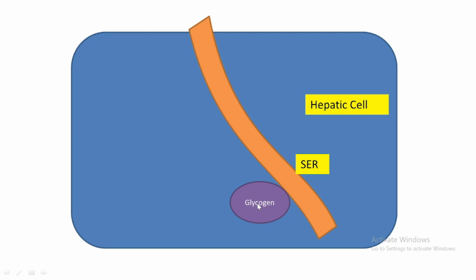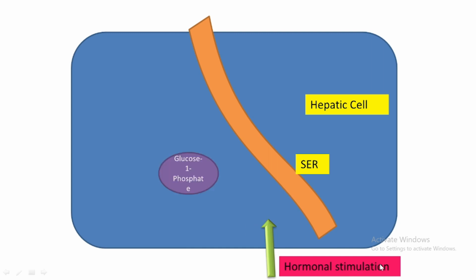When the body or that cell requires energy, the glucose needs to be released. That information is received in the form of hormonal stimulation. Upon receiving that stimulation, glycogen is first converted to glucose 1-phosphate.